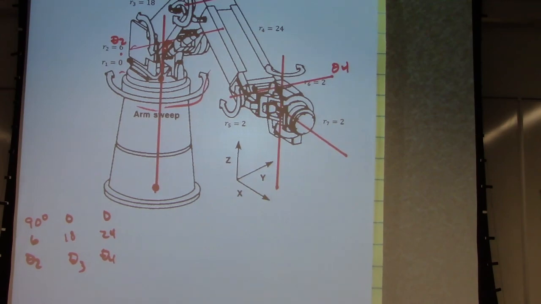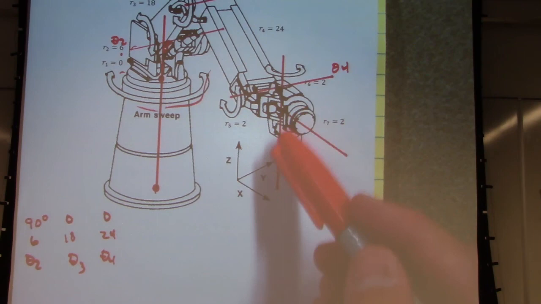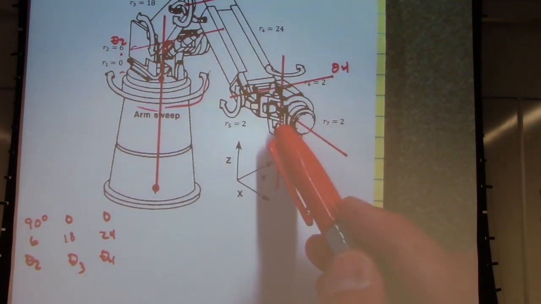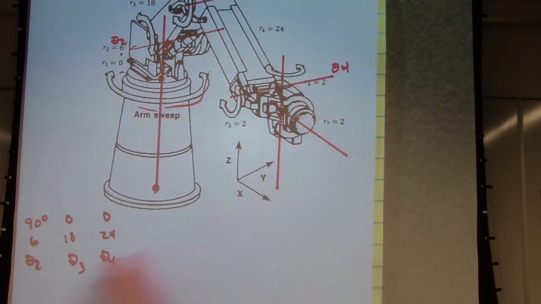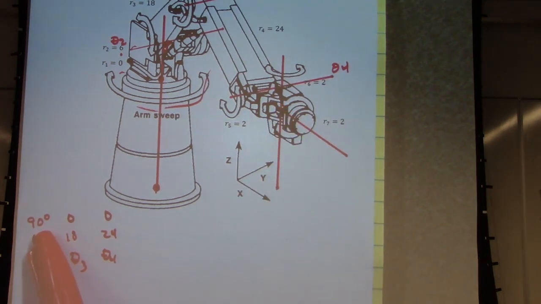Okay, and then if we go through from here and look at theta 5, then we see that we're going to be rotating it back perpendicularly. Since we rotated it through a 90-degree rotation to point it to the side, we're going to reverse that by moving a negative 90 degrees to orientate it back perpendicularly.